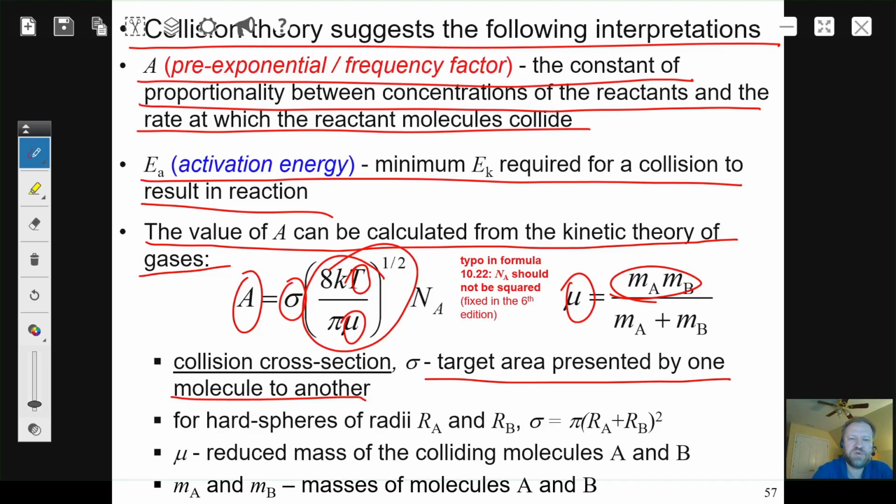And of course, since we're talking about molar quantities, we need to multiply the whole thing by Avogadro's number.